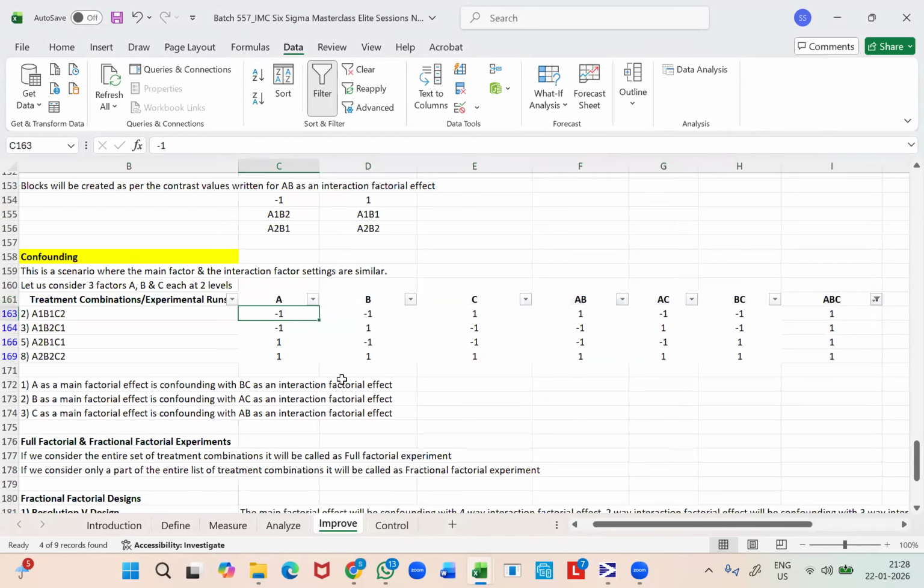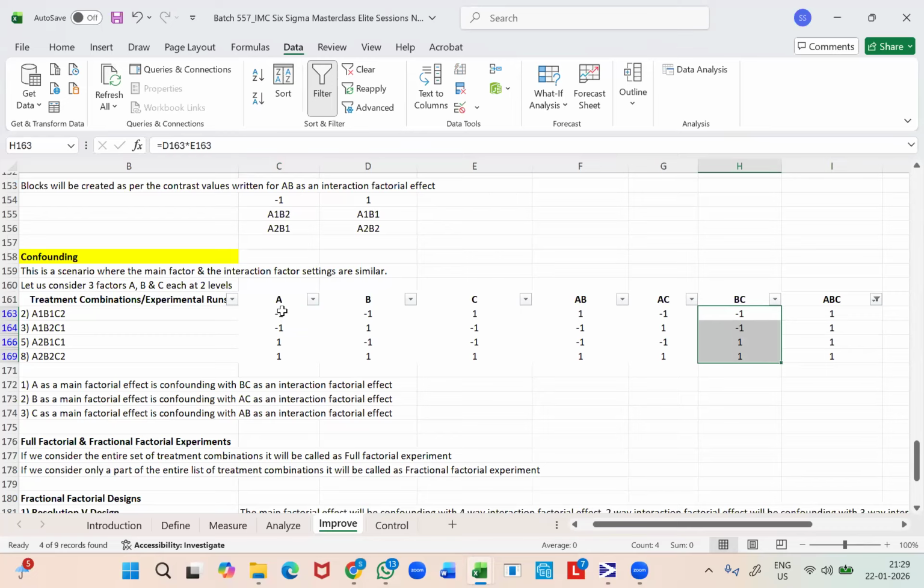So if you look at A, the factorial effect A, what are the factor settings here? -1, -1, +1, +1. The same factor settings are found in the two-way interaction factorial effect BC. BC also has the factor settings -1, -1, +1, +1.